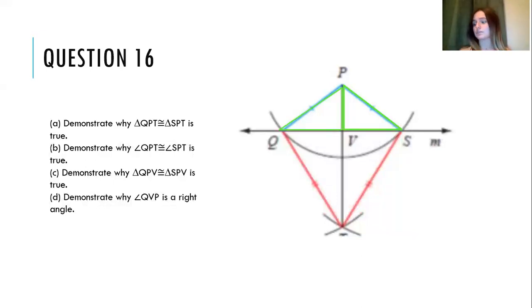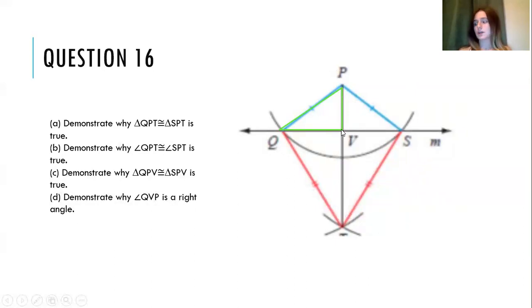They are congruent. That also helps us explain why angle QPV is a right angle. That right triangle fits perfectly there next to SPV, and SPV also has a right angle right here.